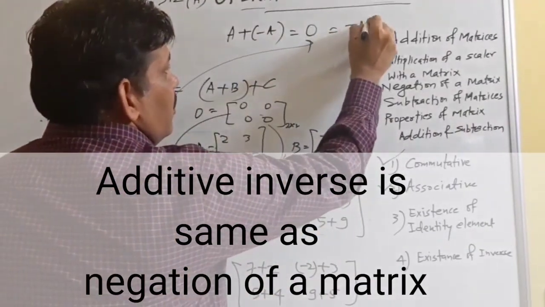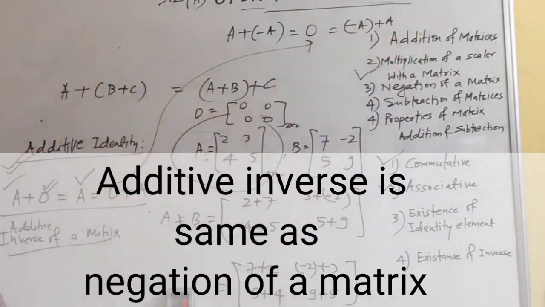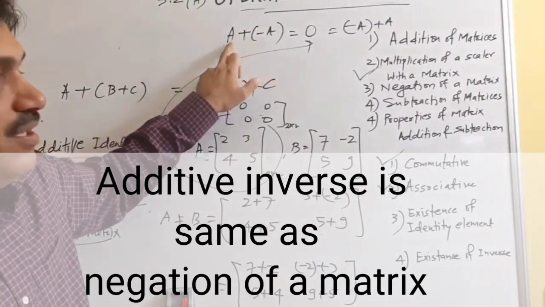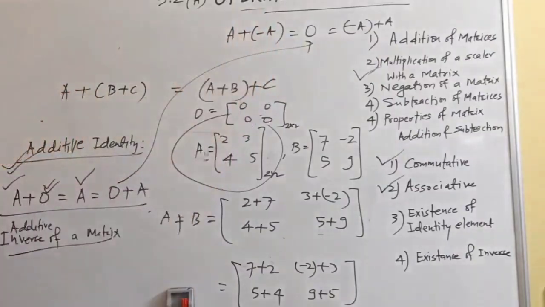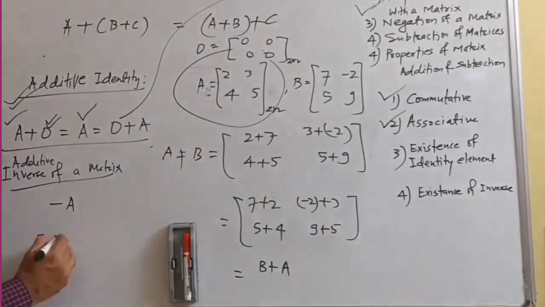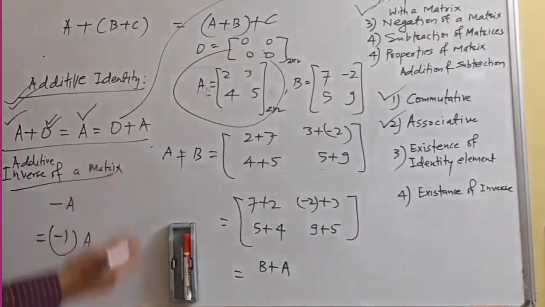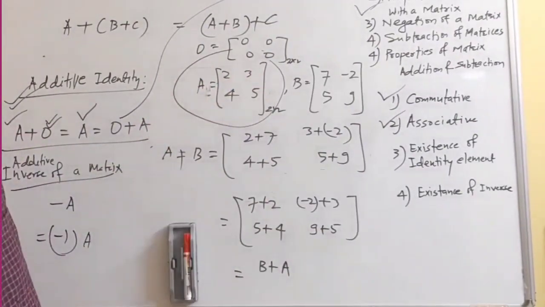Or if we add minus A to A, we are going to get the identity element. That's why this minus A is the additive inverse of A. And to find minus A, what we do? Minus 1 times of A, that is, we change the sign of each and every element.